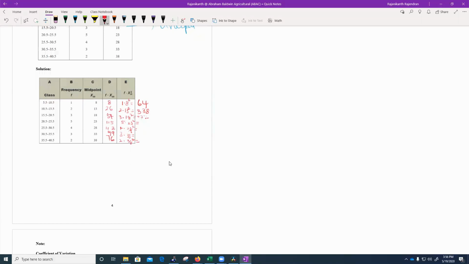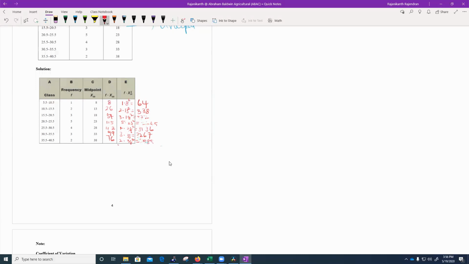The next one is 2645, then 3136, then 3267, and the final one is 2888. So that is the f times xm squared column.